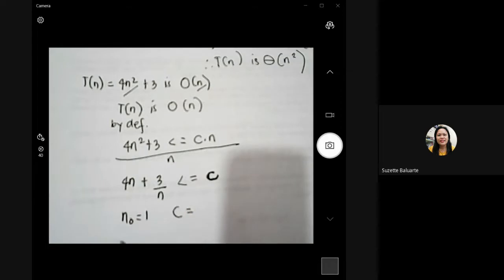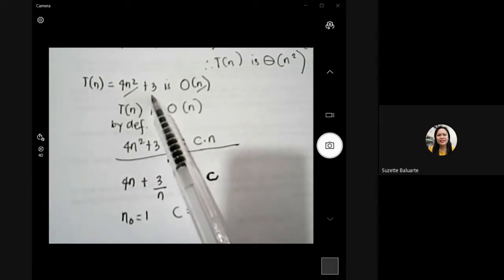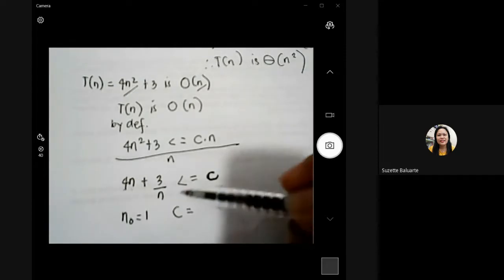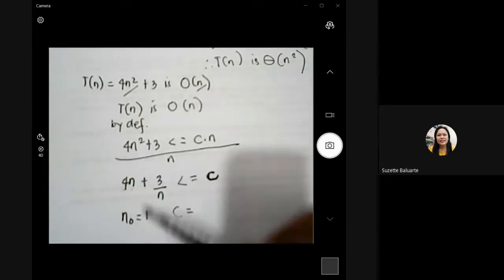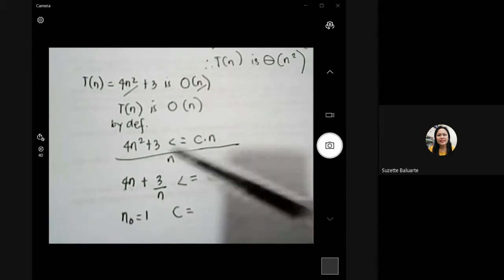So, it is also impossible to find the constant C for this T of n, 4n squared plus 3. Nasabtan? Why? Again, if your n sub 0 is equals to 2, di ba 4 times 2 is 8 na? Kung kana lang siya, mingon ka 7. No? Pero if you will increase the value of C, magkadako siya.